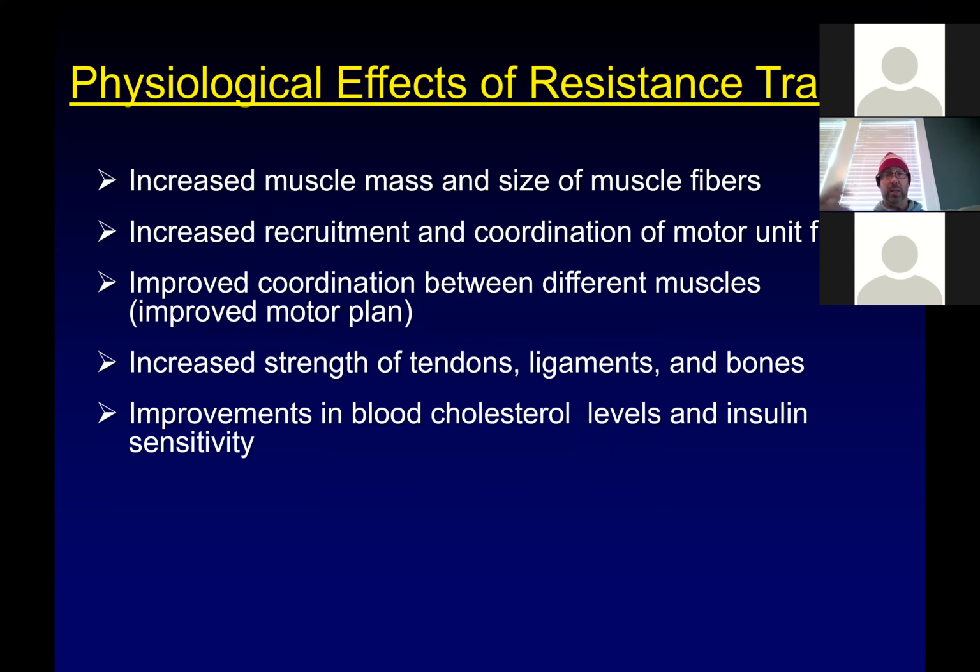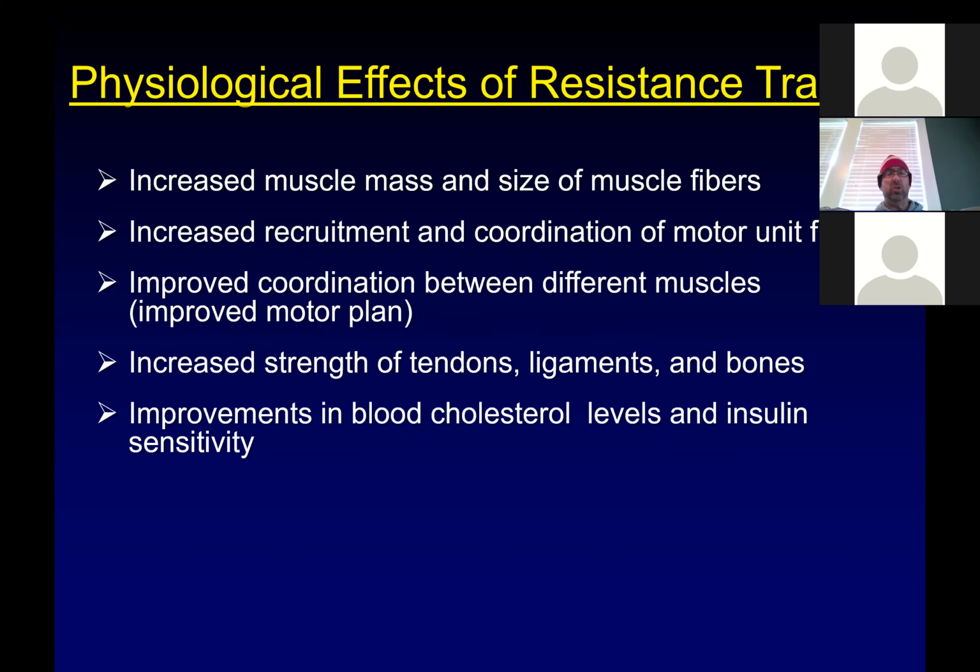And so when it does those things, you are very likely not going to be able to turn on or recruit all of the motor units in the muscles that you're using. When you're untrained at something, you have a reserve. You have muscle that doesn't ever get turned on during that exercise because the brain hasn't learned how to do that yet.